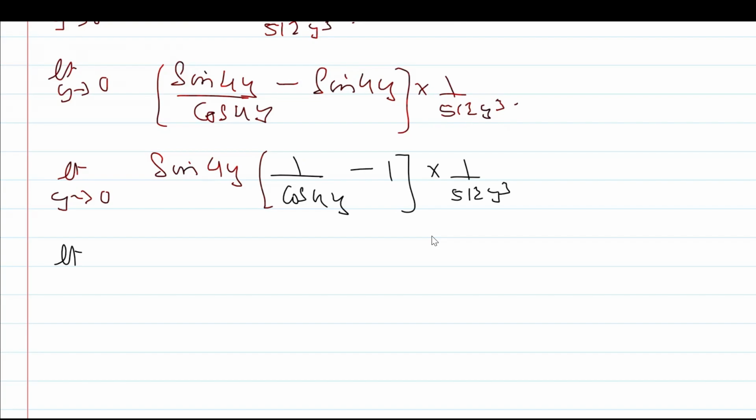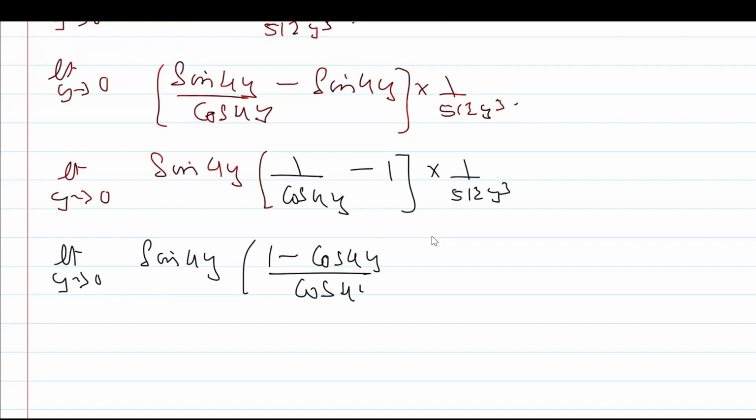Next is to continue with more simplification. This is sine 4y, but if I take LCM, it's going to be 1 minus cos 4y over cos 4y, and then this is 512 y raised to the power 3.